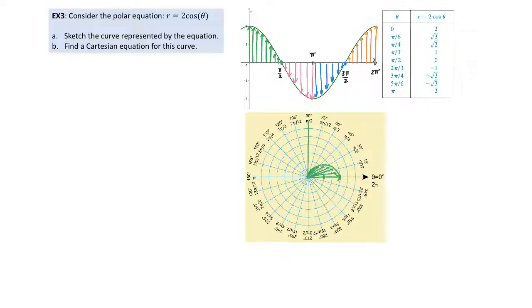So let's do that in pink. I will start drawing rays. Now the rays that I am going to draw originally are going to be between pi over 2 and pi. But then we are going to be reflecting them about the pole because remember, we have negative length. I don't want you to be confused first.